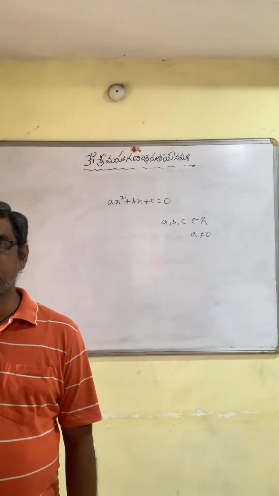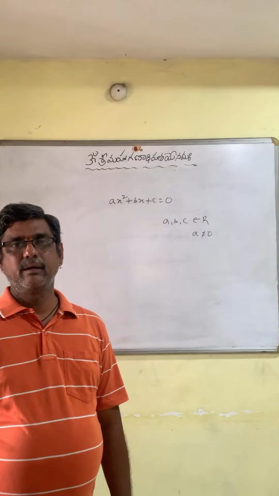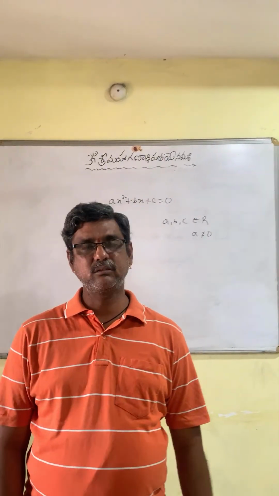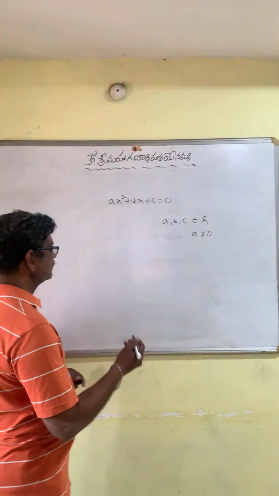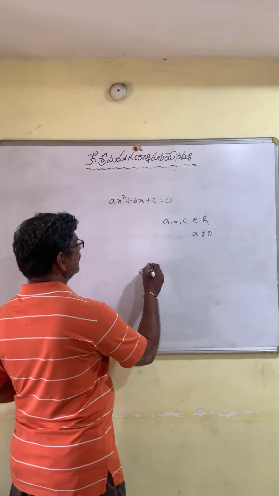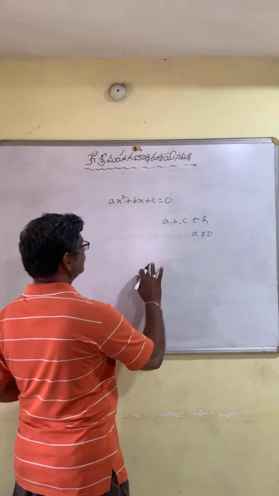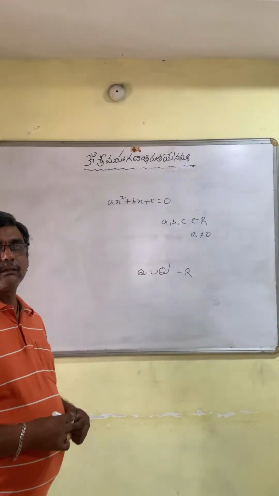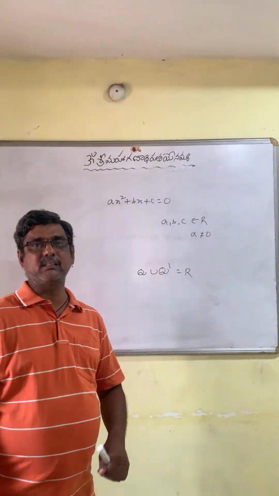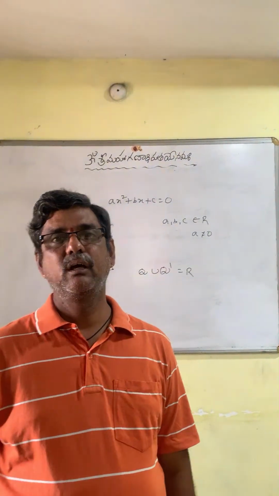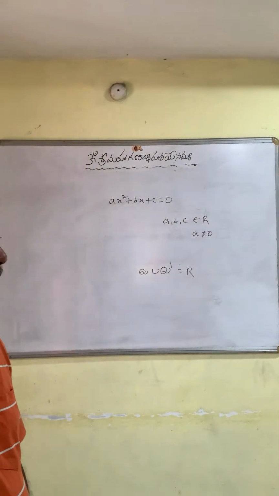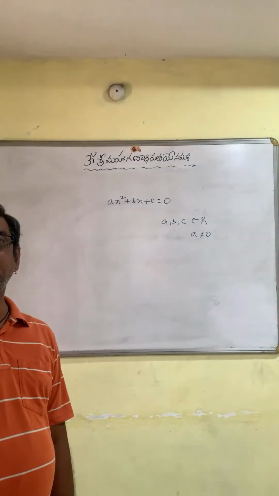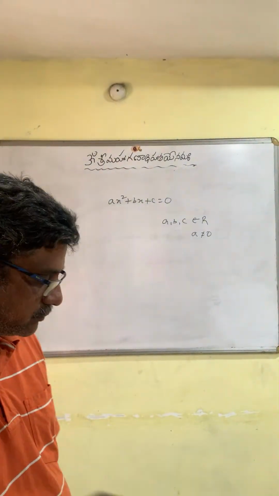That means in place of a, b, c you can take rationals or irrationals or both. The union of rational numbers and irrational numbers together is real numbers. So a, b, c are real numbers and a must not be equal to 0.